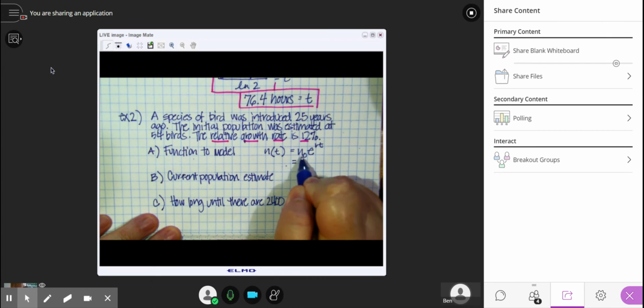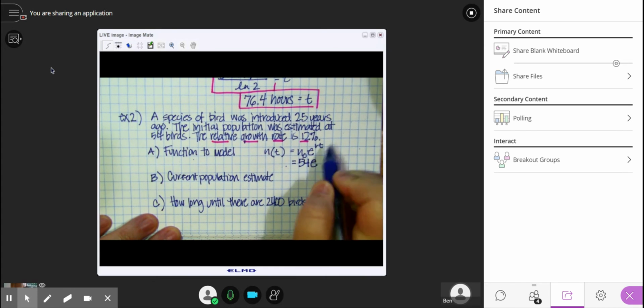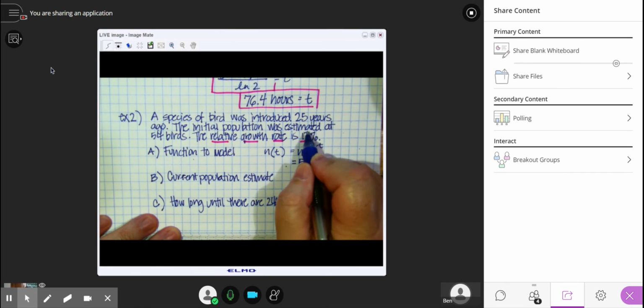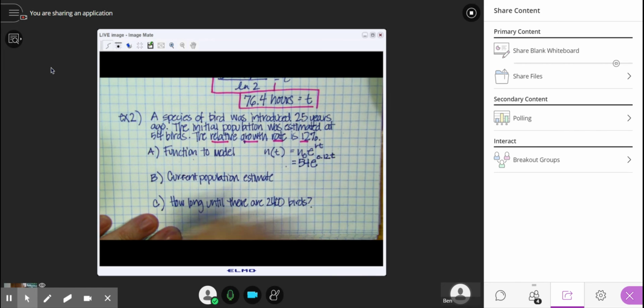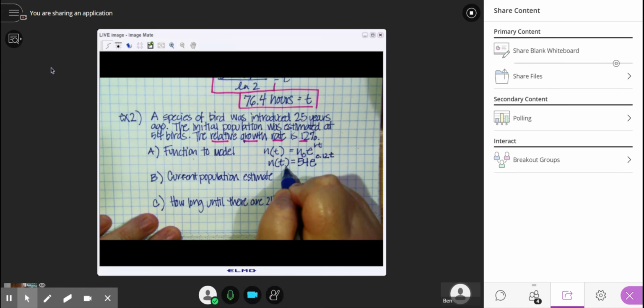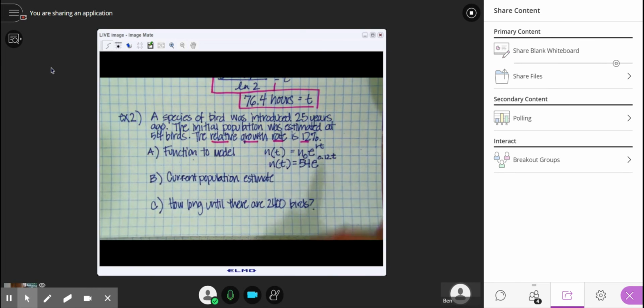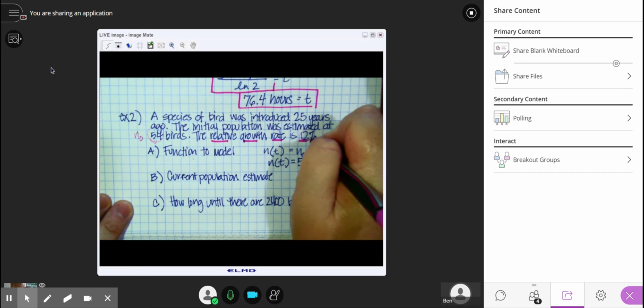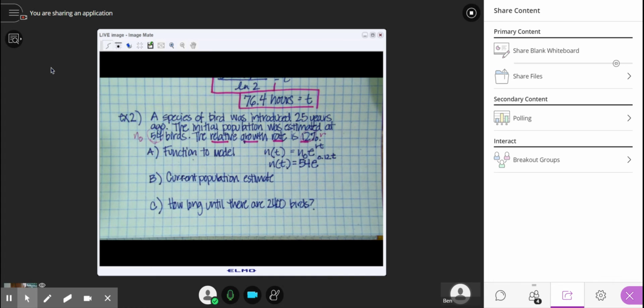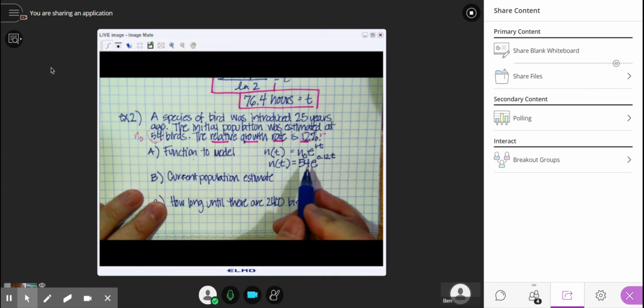The initial population, or N sub 0, is my 54. r is the relative growth rate of 12%, so I'm going to do 0.12, and t is time. That's my N sub 0, this is my r. The piece that is often of interest here is that a percent should be written as a decimal when you put it into your equation.